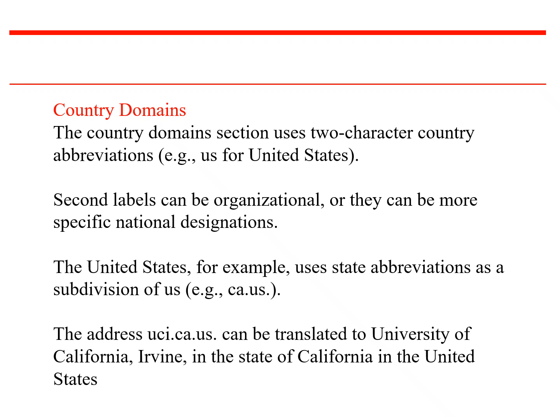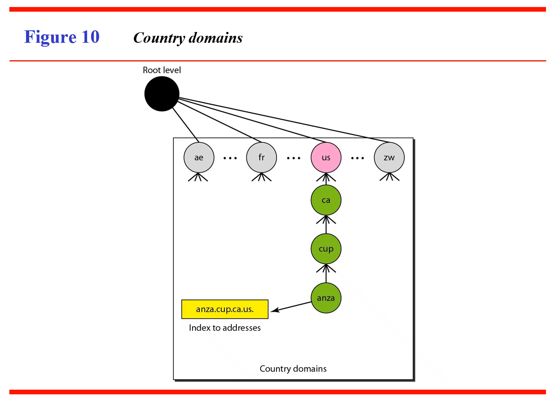This is the meaning of ca.us. Looking at the country domain, we have the root, and under the root we can have various labels like AE, FR, which means France, then US, ZW. Likewise we will have the domain names and addresses.